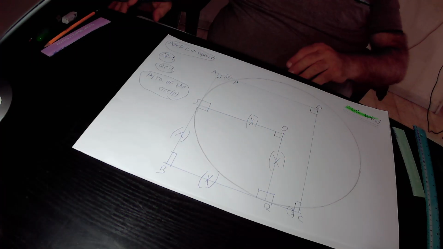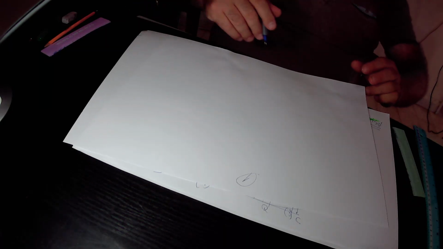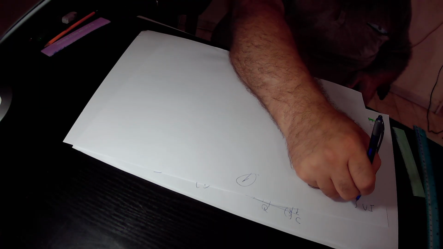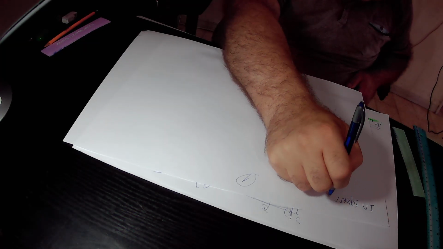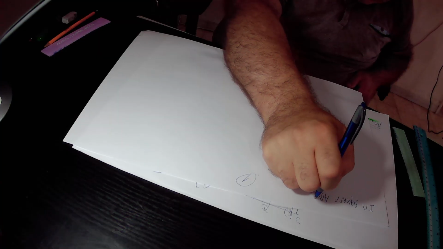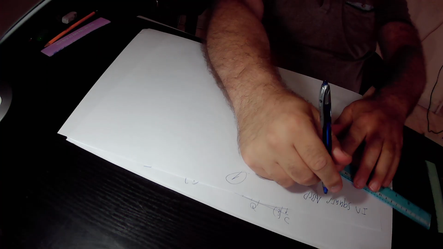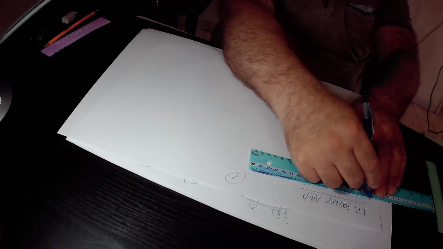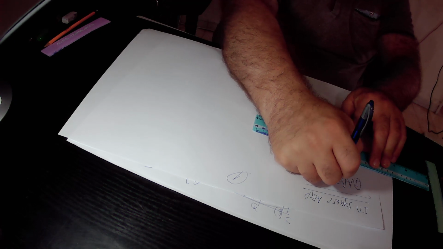So I write it down. In square ABCD, side AB equals side BC.